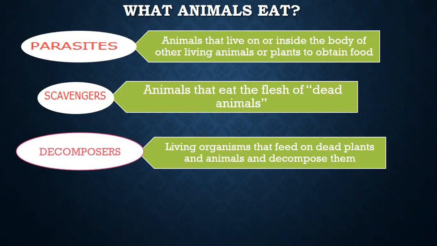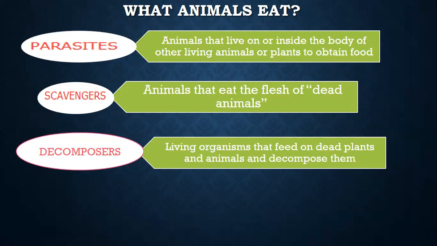Next are decomposers. Decomposers are the living organisms in nature which feed on dead plants and animals and decompose them. They also help to keep the earth clean. What is the difference between scavengers and decomposers?